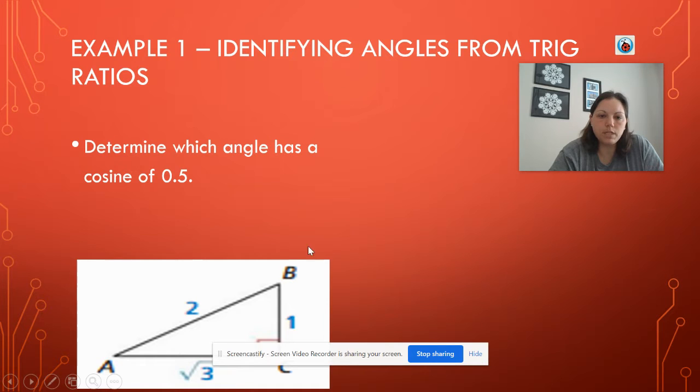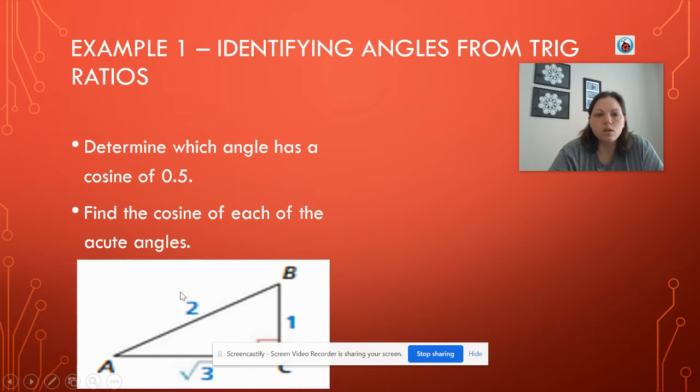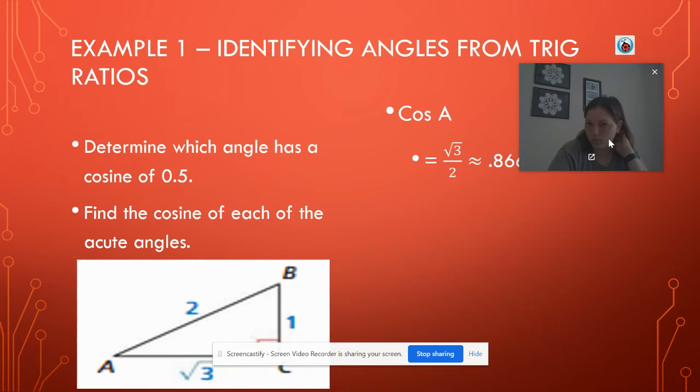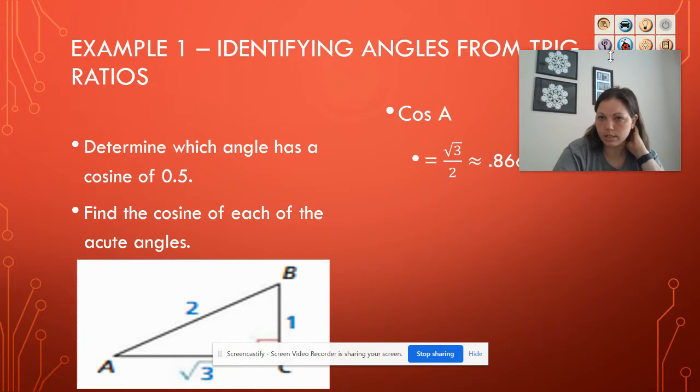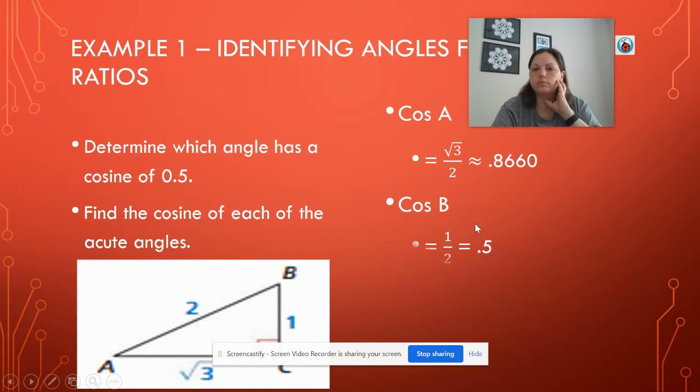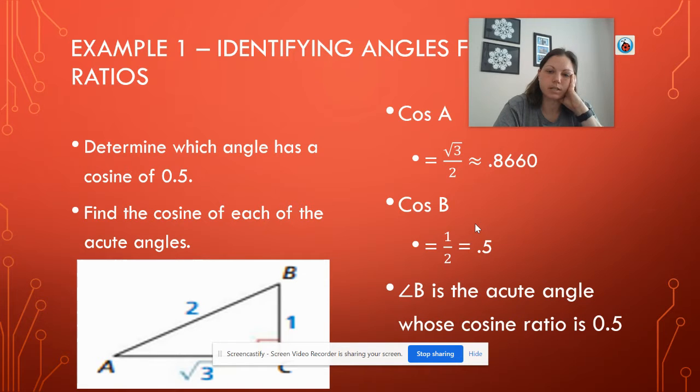And cosine of B is the adjacent 1 over hypotenuse 2. So for cosine of A, square root of 3 over 2, you can put it in the calculator and get a decimal. Cosine of B, we get 1/2, which is also 0.5. So our answer is angle B, or the cosine of angle B equals 0.5.